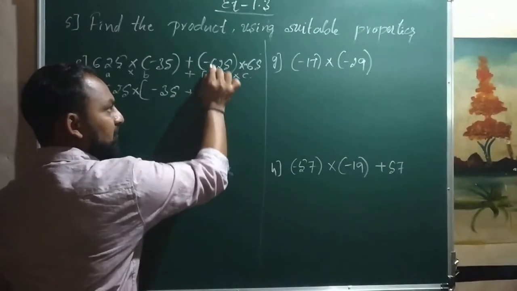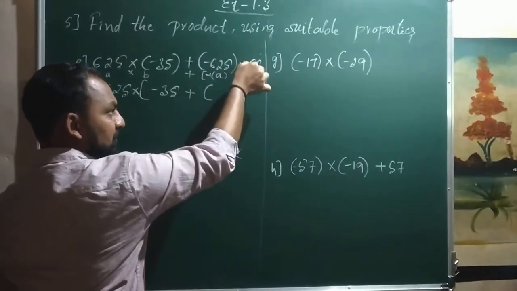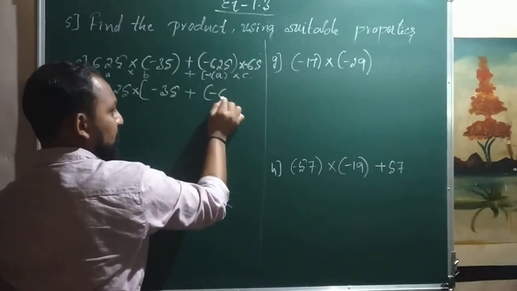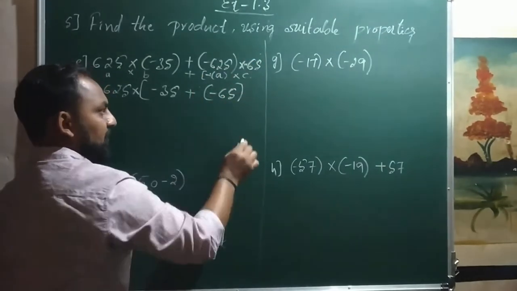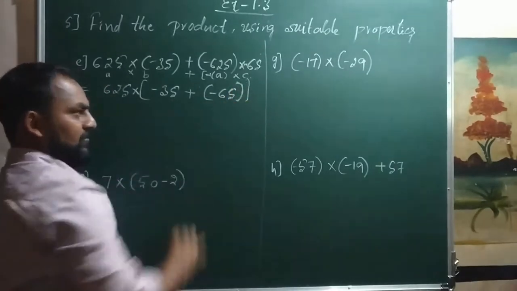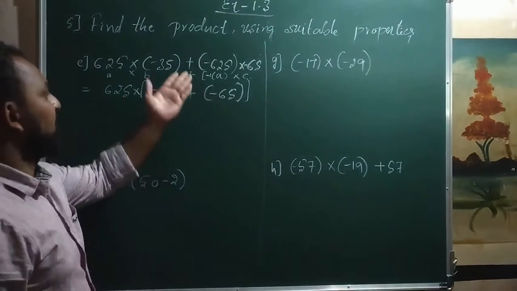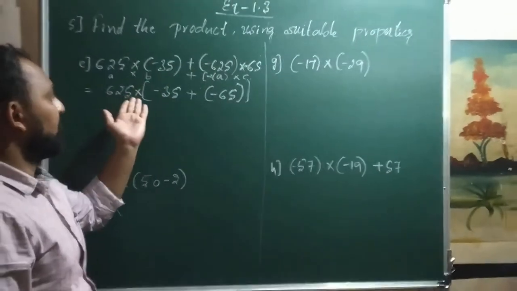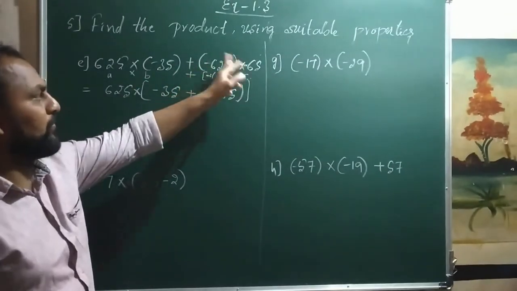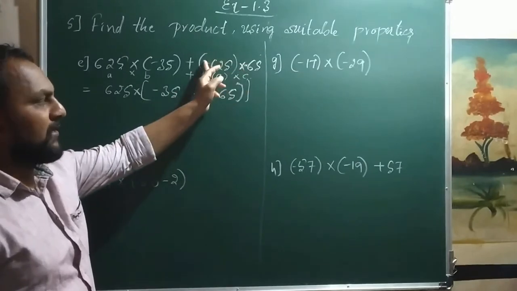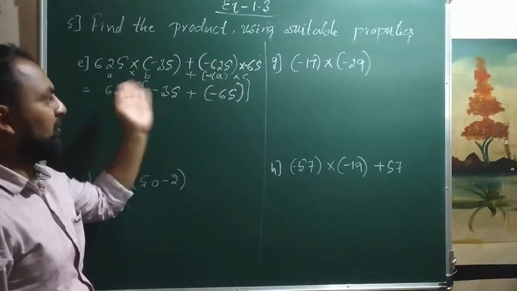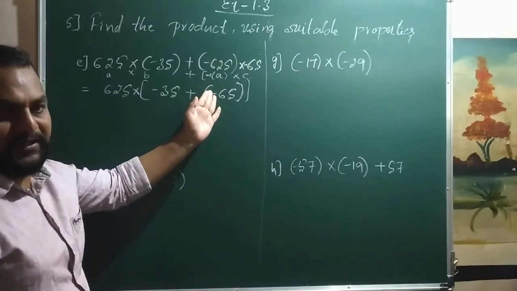Here minus 1, and minus 1 into 65 is minus 65. Here 625 plus into minus, again minus 625.